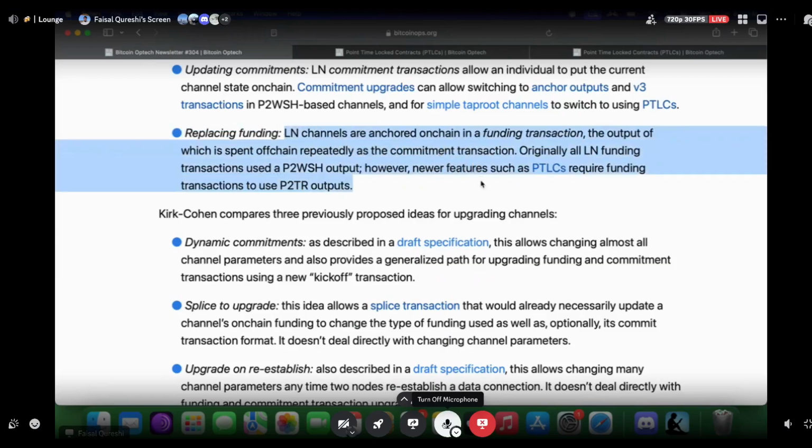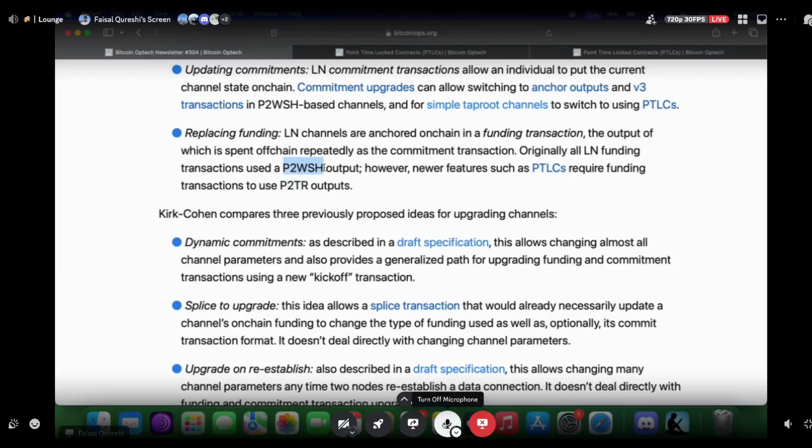So my understanding of this is that if you create a commitment transaction to go on the mainnet, and that commitment transaction is P2WSH, now, without closing the channel, you can change it from P2WSH to P2TR. Like you can replace your commitment transaction with another commitment transaction. Up till now, that's not possible. If you have a commitment transaction, that's it. You can't change that commitment transaction.